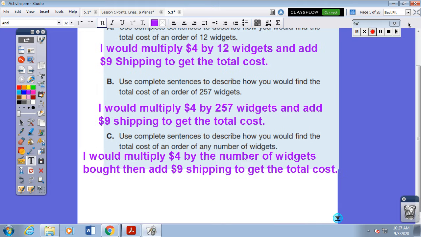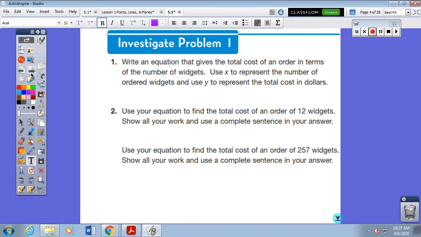Remember, while you're working on these notes, you can always pause as you need to write things down. Okay, write an equation that gives you the total cost and order in terms of the number of widgets. So let X represent the number of ordered widgets, and Y is going to represent total cost in dollars.